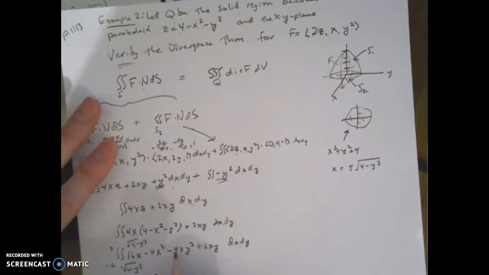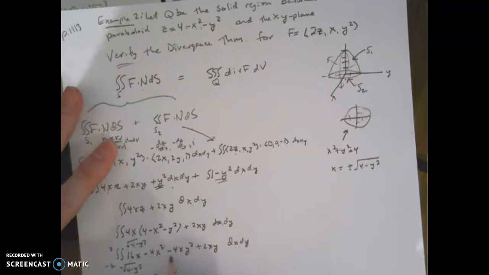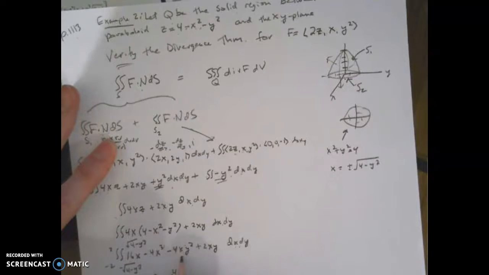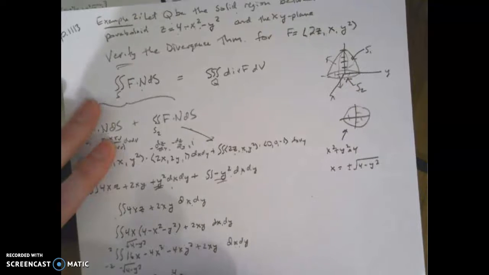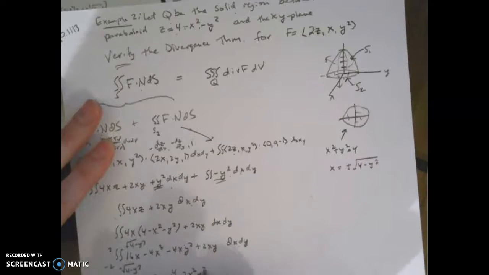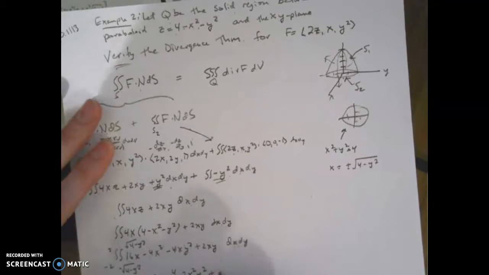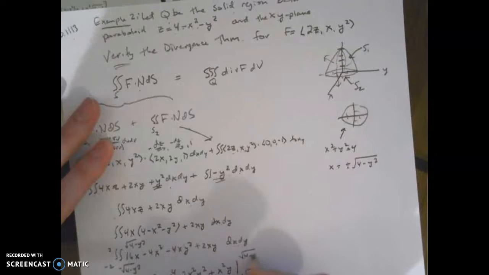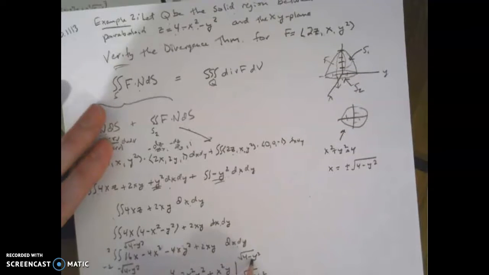And then here we get minus 4xy squared. Minus 4x squared over 2 times y squared. So that's just going to be minus 2x squared y squared. And then plus x squared y. We're evaluating from negative root 4 minus y squared to positive root 4 minus y squared. Let's plug this in for x.